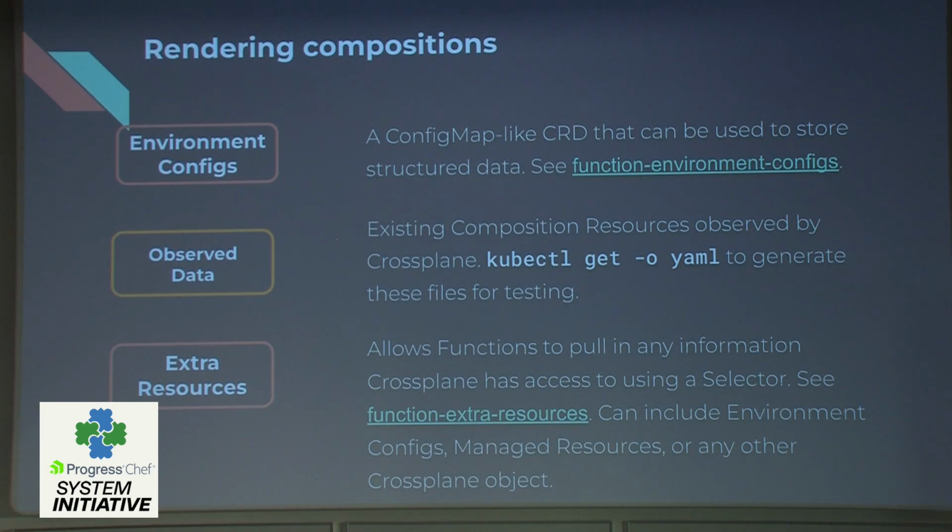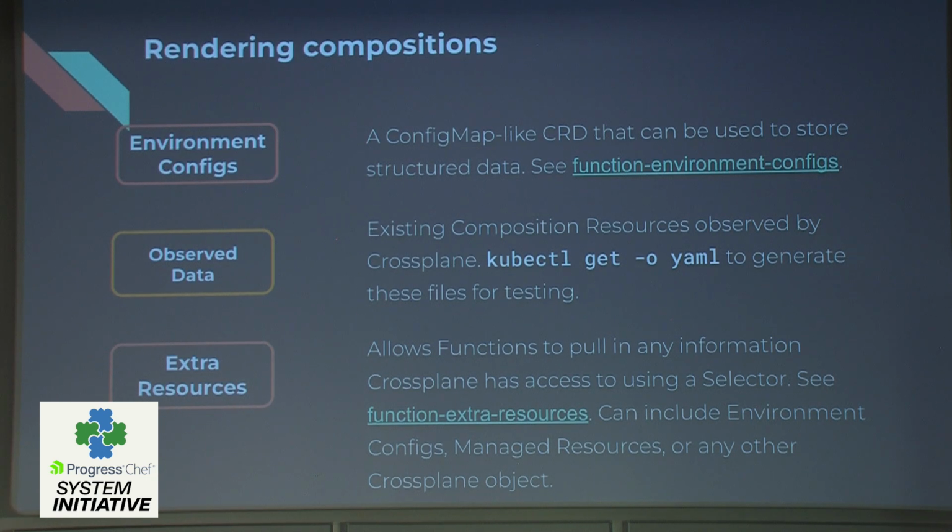Of course, this rendering supports all the options we previously talked about. So it also supports environment configs or observed data, which means if in your composition you're doing anything based on the status of the objects you generate, with this you can actually give it an observed state of the cluster and then run your logic against that state and see if your conditions still match.